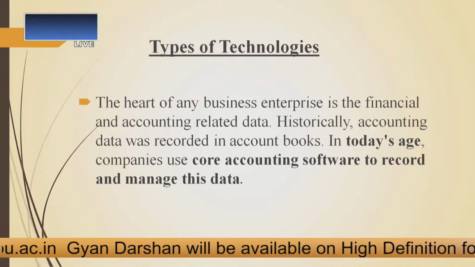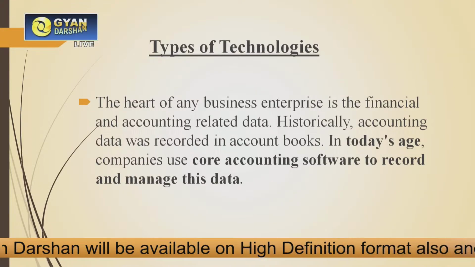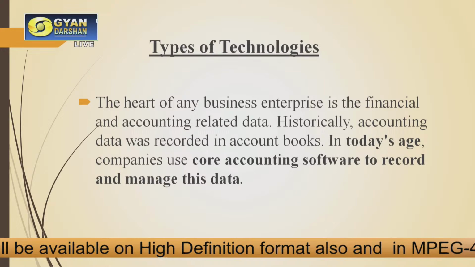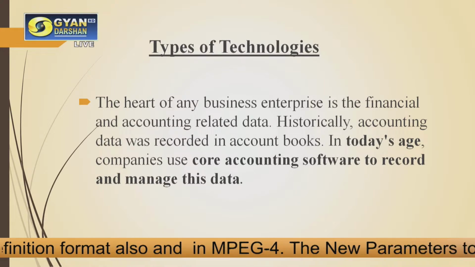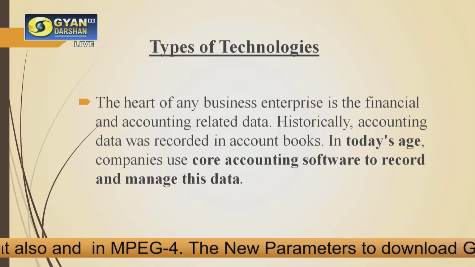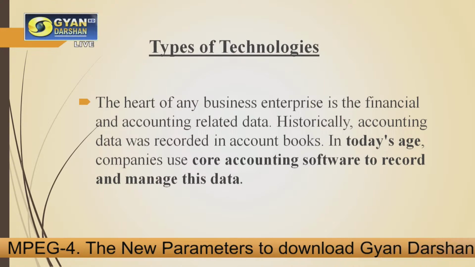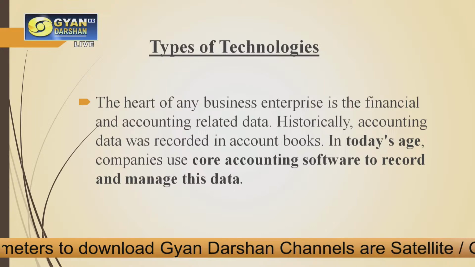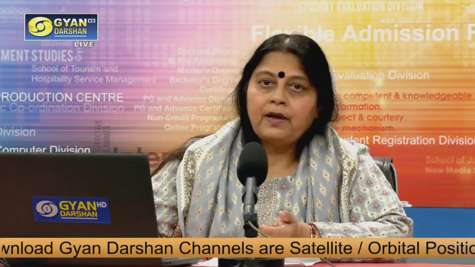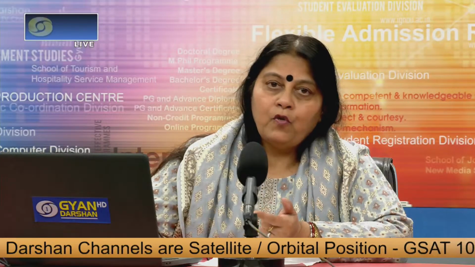So talking about historically, what used to happen in the historic times, accounting data used to be recorded in the accounts books, which we used to call the books of accounts. But in today's modern office environment, companies are using core accounting software to record and manage the data. So we can see there has been a transformation from manual to digital.